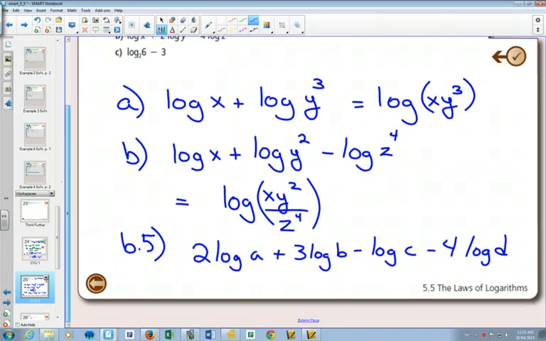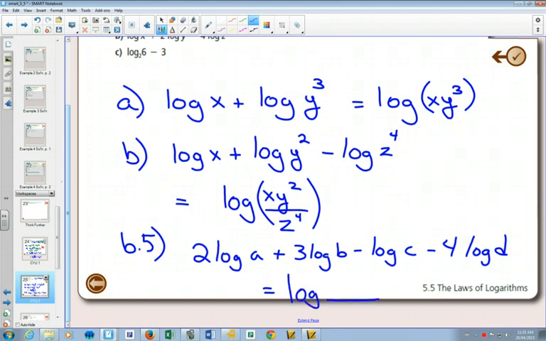See if you can see these patterns and combine them all in one step just to get the answer. All together as a single logarithm.